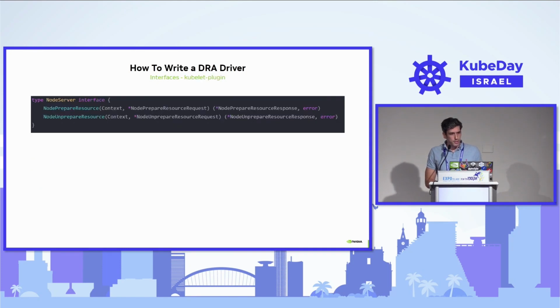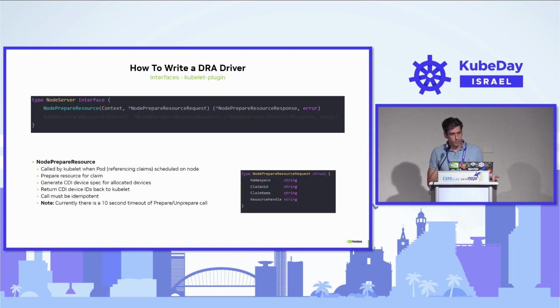For the node part, there are node prepare and unprepare resource. These again run on each node by the kubelet plugin. Node prepare resource will prepare the resource. It will generate a CDI device specification and return the CDI device IDs. And of course the resource handle, you will get the resource handle in the request, which is that string blob which we talked about earlier.